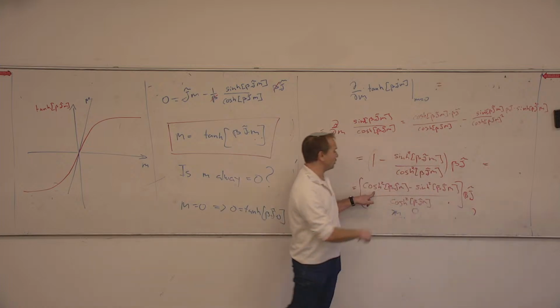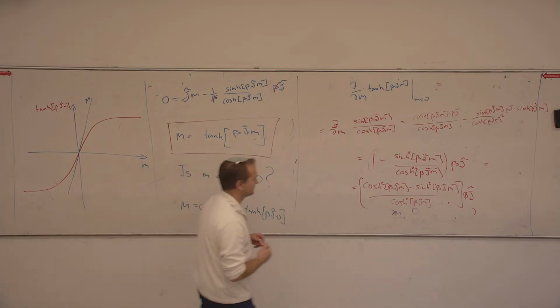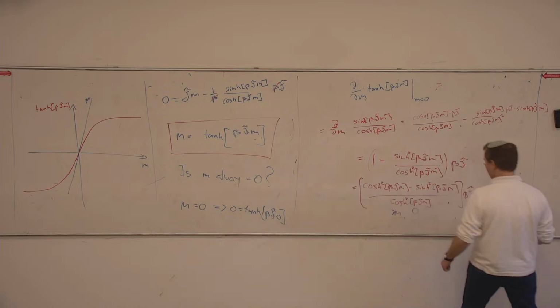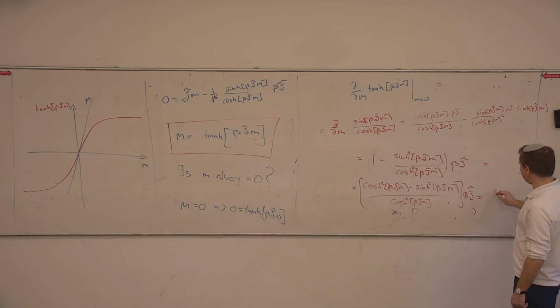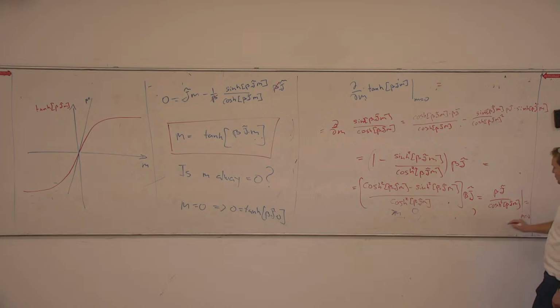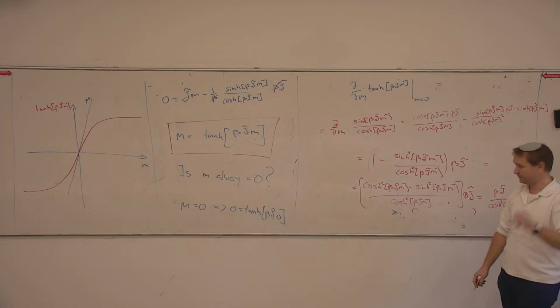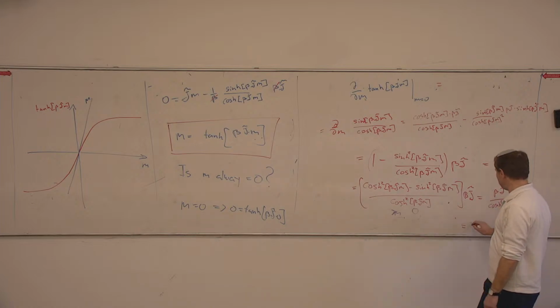What is hyperbolic cosine squared minus hyperbolic sine squared? 1. You all knew this in high school. So it is beta j tilde divided by hyperbolic cosine squared of beta j tilde m. Now I want to compute it where m equals 0. Hyperbolic cosine of 0 is 1. So all of this is beta j tilde.